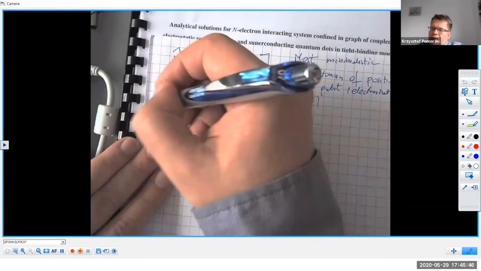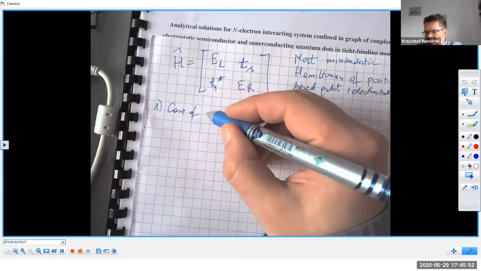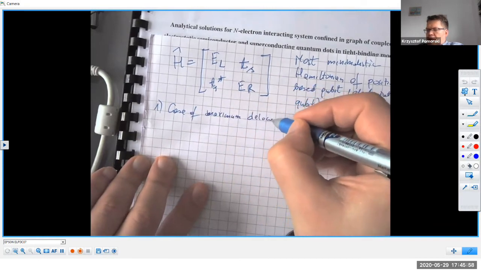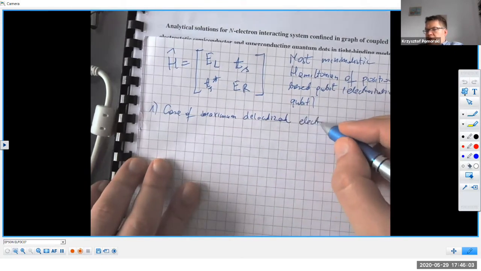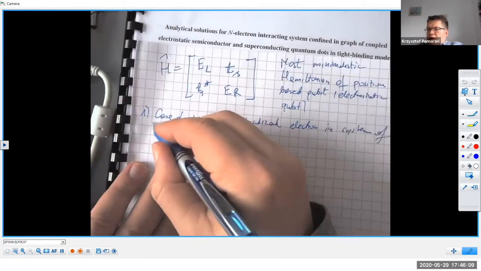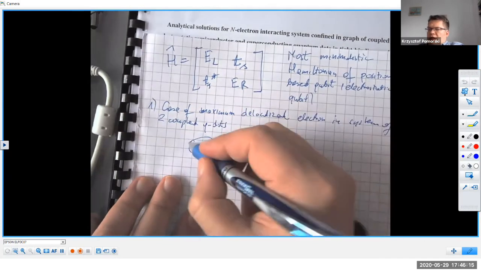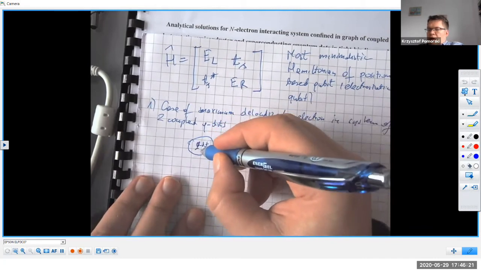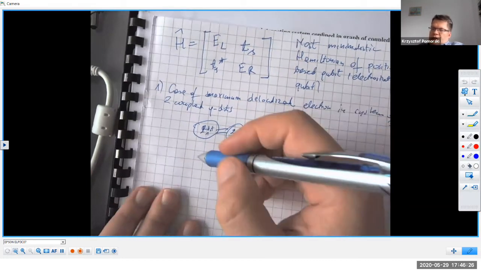So, the case of a maximally delocalized electron in a system of 2 coupled quantum dots. We have the same quantum symmetric system: quantum dot 1, quantum dot 2.